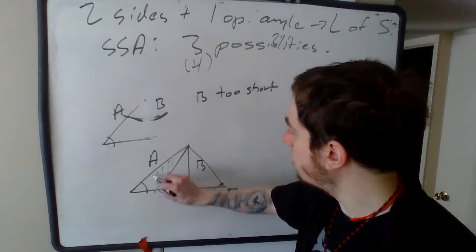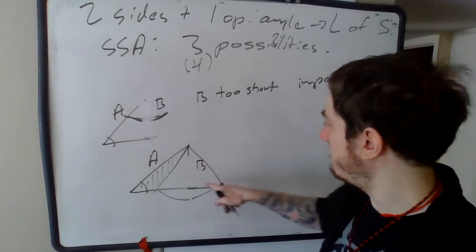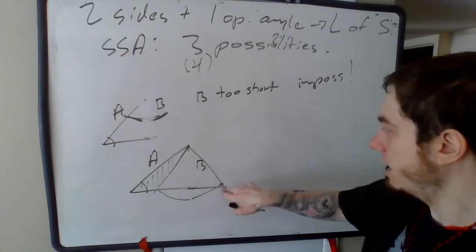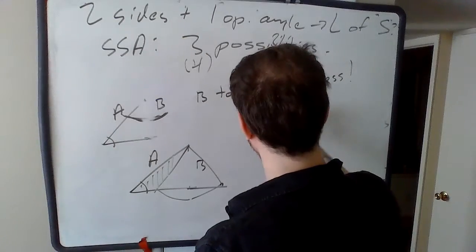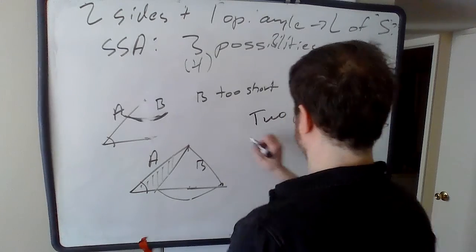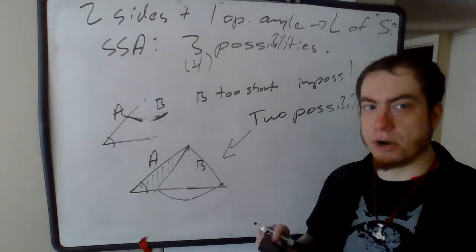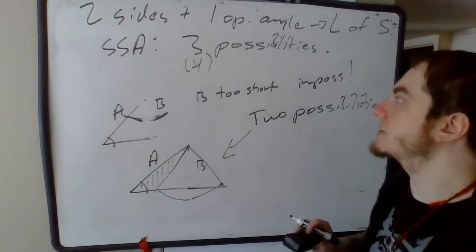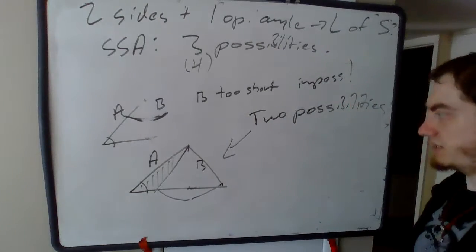There's this triangle over here that I've shaded in, and then there's this bigger triangle here that I've got. So there's actually 2 different possibilities. So in this case, there's an ambiguity. There are actually 2 possible triangles that both have the same side-side angle measurement in this case.